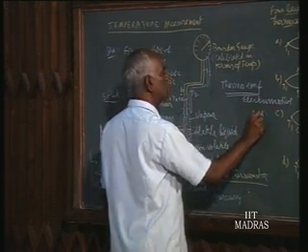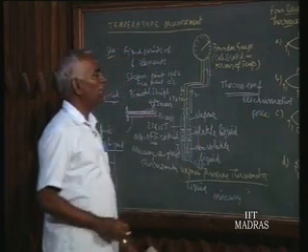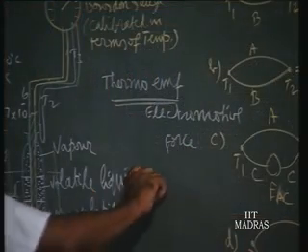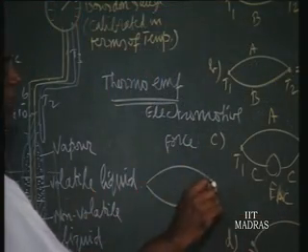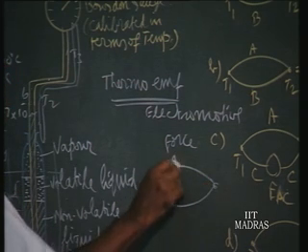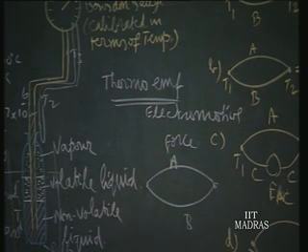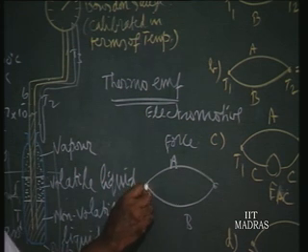We have two wires of homogeneous material, wire A and wire B, or element A and element B, and they are joined together.